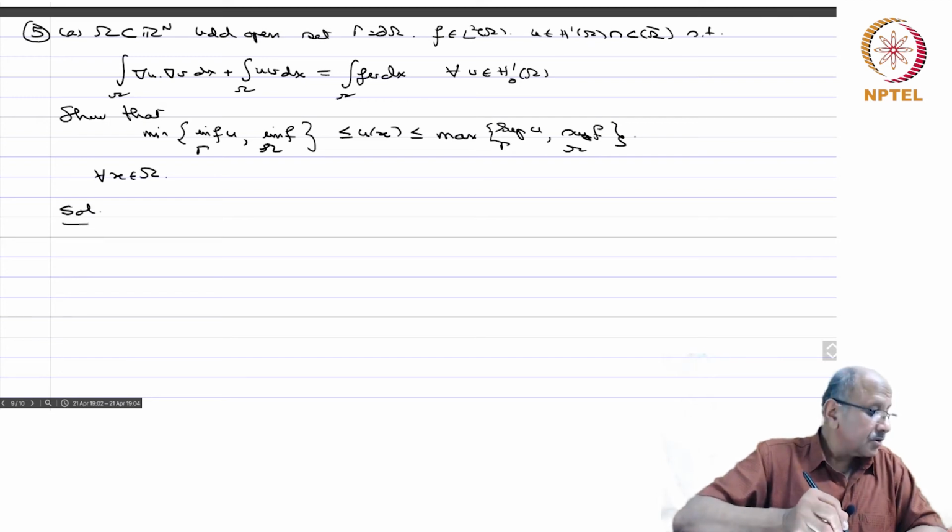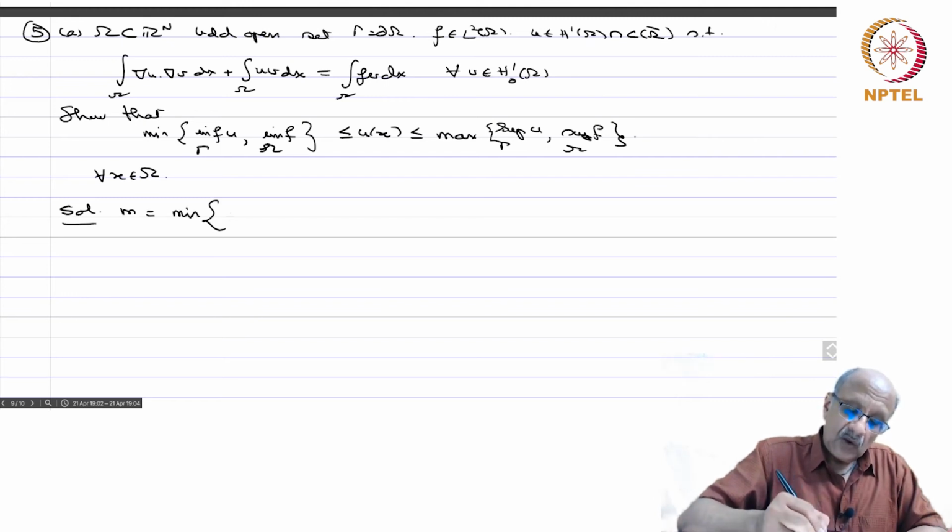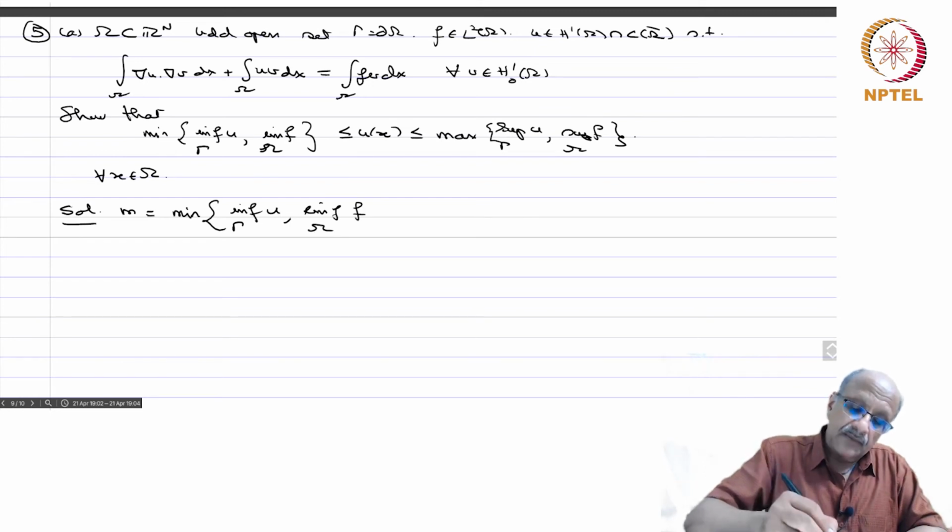So, solution, you take m equals min of inf u over gamma, inf f over omega.